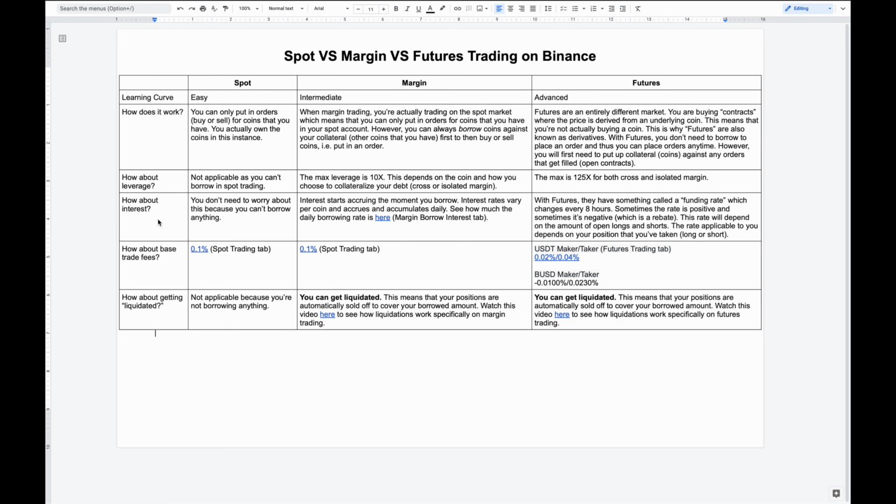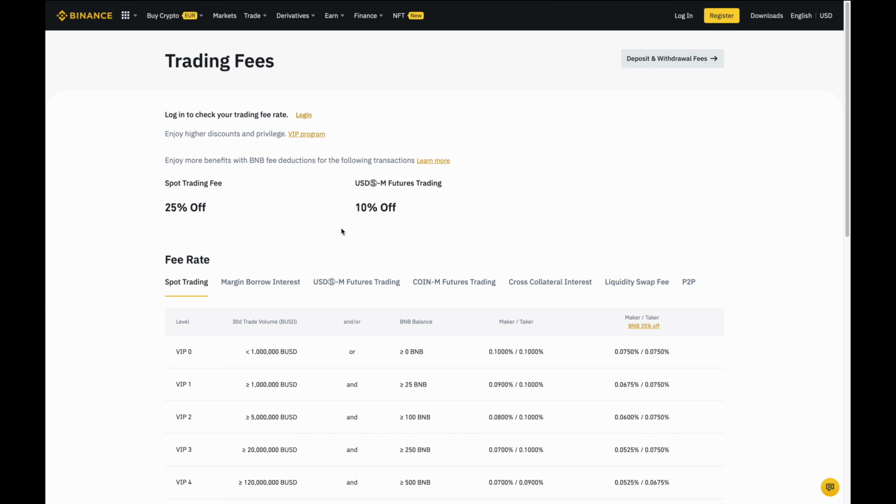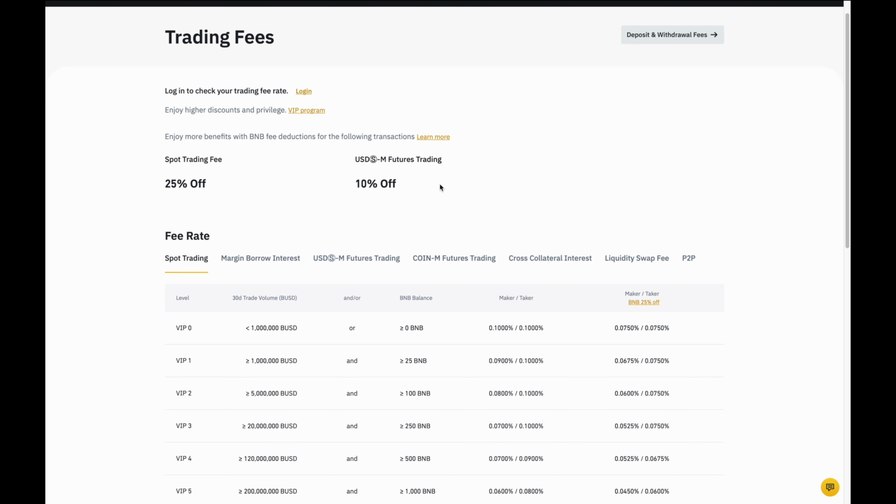How about interest? Well, you don't need to worry about anything because you're not borrowing anything, because you can't. As for margin, interest starts accruing the moment you borrow. So interest rates vary per coin and accumulate daily. Now you can see how much their daily borrowing rate is over here. This is Binance's trading fees table and they have different tabs.